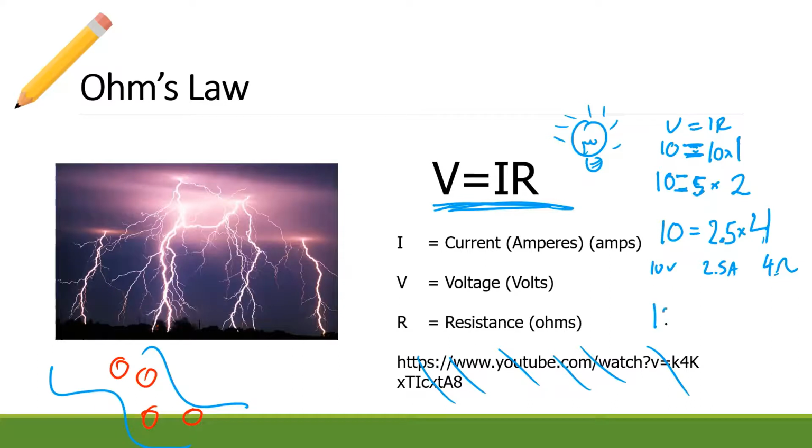You can even go as high as, say, 20 ohms worth of resistance. Now, if there's 20 ohms worth of resistance, your current is going to be all the way down at 0.5 amps. So that sort of begins to explain how these things are linked.